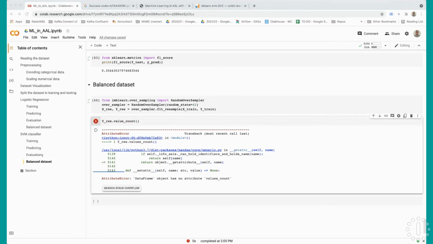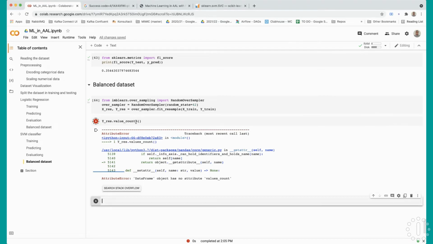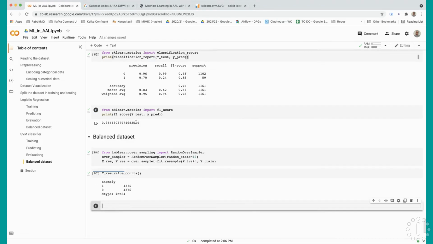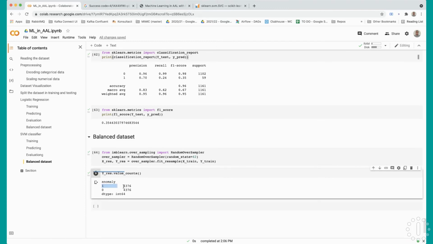Value counts. So now we have an equal number of anomalies and normal situations. This oversampling is creating an equal distribution, a balancing of the positive and the negative instances in the data set.